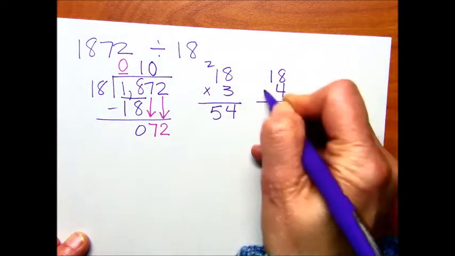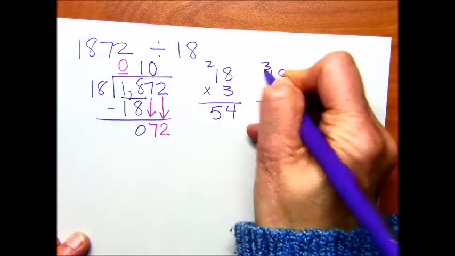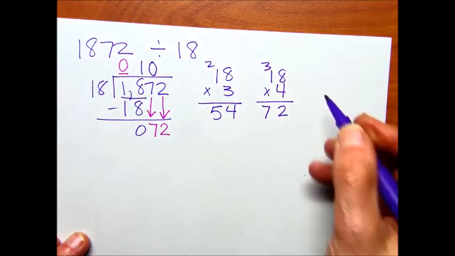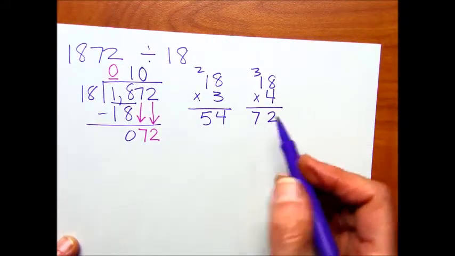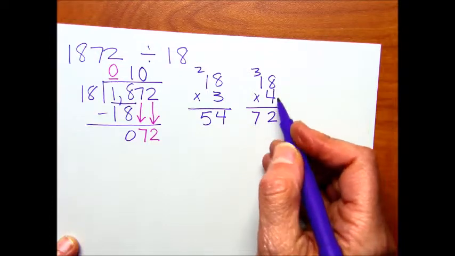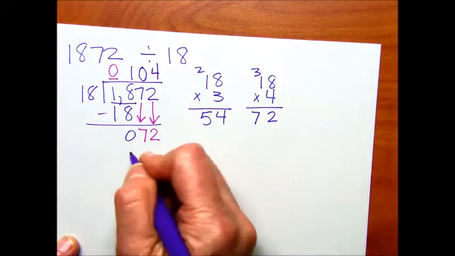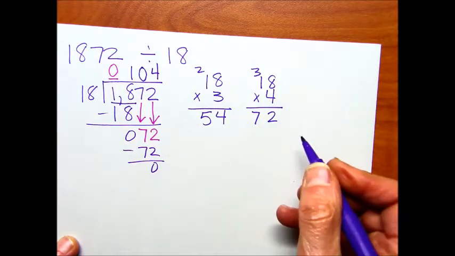So 18 times 4, that's going to be 32. 4 plus 3 is 7. Oh my goodness, it's the exact one. I thought maybe we'd have to go again. So 4 times 18 will give us the 72, so I'm going to write that 4 minus 72 is 0 left.